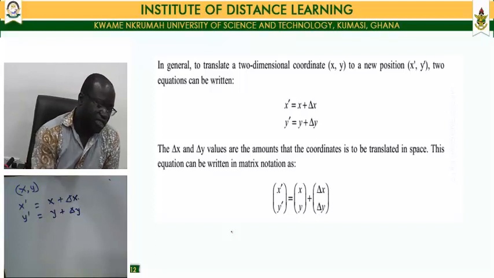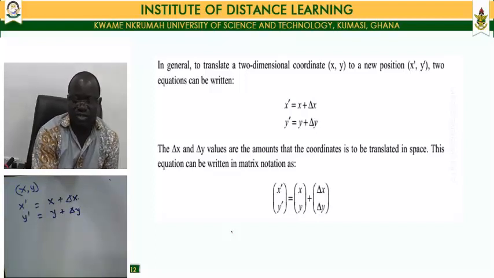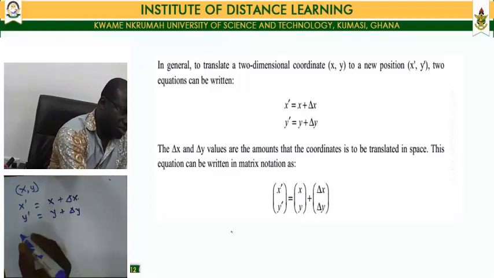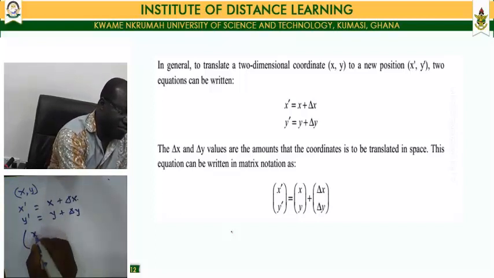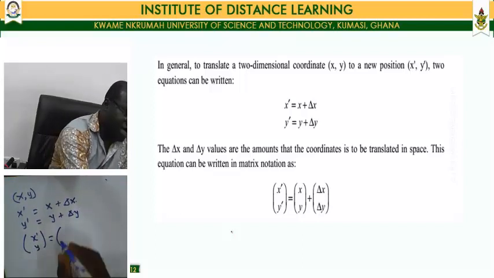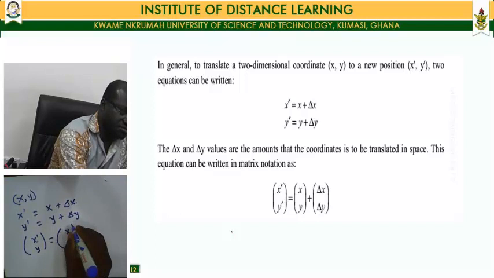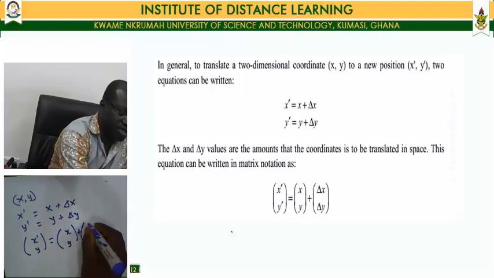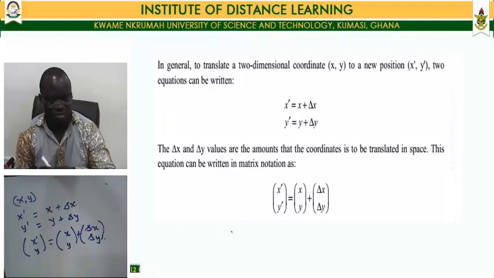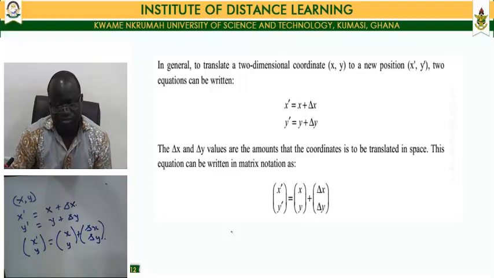So, if you look at this expression and you want to generate a matrix from this, in a matrix notation, this will be written as x prime, y prime will be equal to x, y plus delta x, delta y, which is an addition of a unit matrix like that.